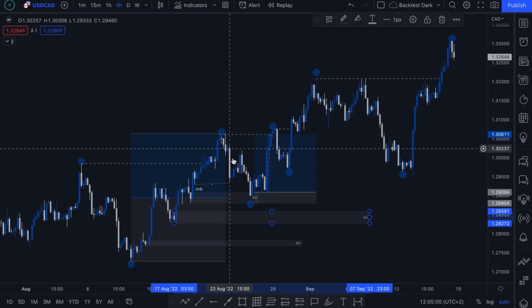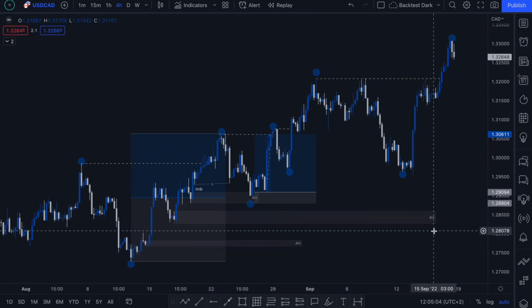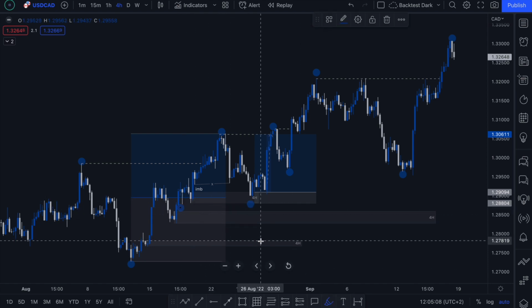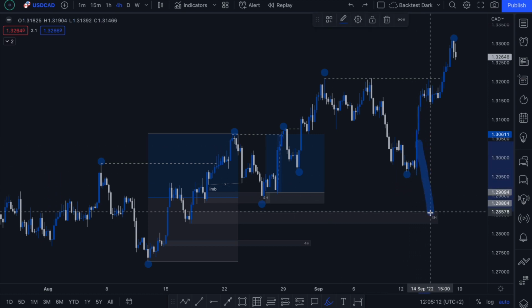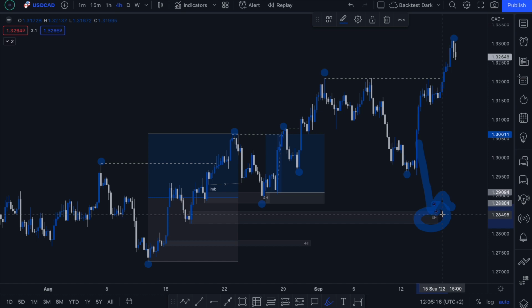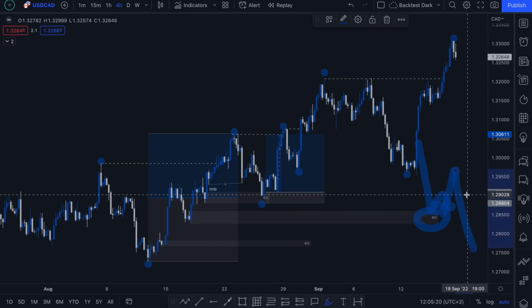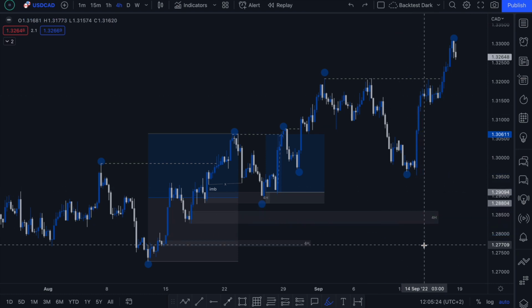Even though price action did not mitigate it, this is still an unmitigated demand zone. This is still imbalance that has been left behind. So at some point, we can anticipate price action to come back and mitigate that, even if it's just a small reaction before continuing with a new trend. At some point, we can anticipate this 4-hour to be mitigated.